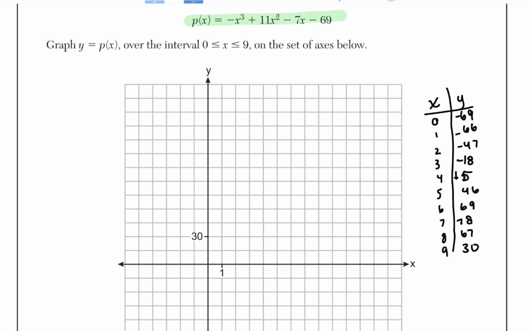I'm just retouching so that you guys can see it better.